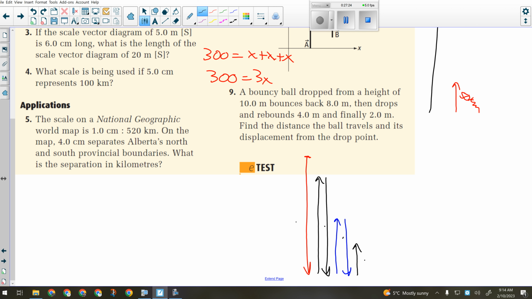The part that people forget on this one is the back up parts, or the back down part. They forget that when they draw the diagram. Now, did I draw these tail to head? Well, I did. I just didn't want them all overlapping. If I'd drawn this diagram like that, it would have been pretty hard to see by the end. So I just spaced them over, but they're still tail to head because it was all collinear.